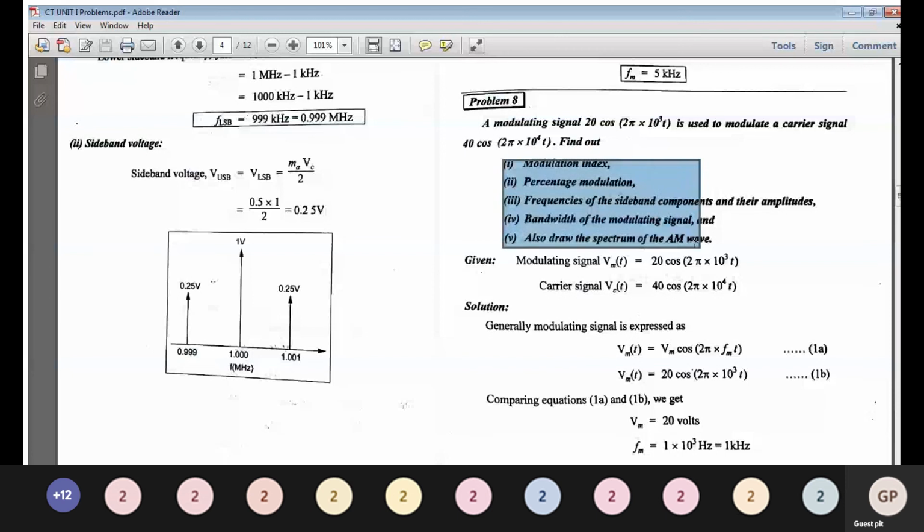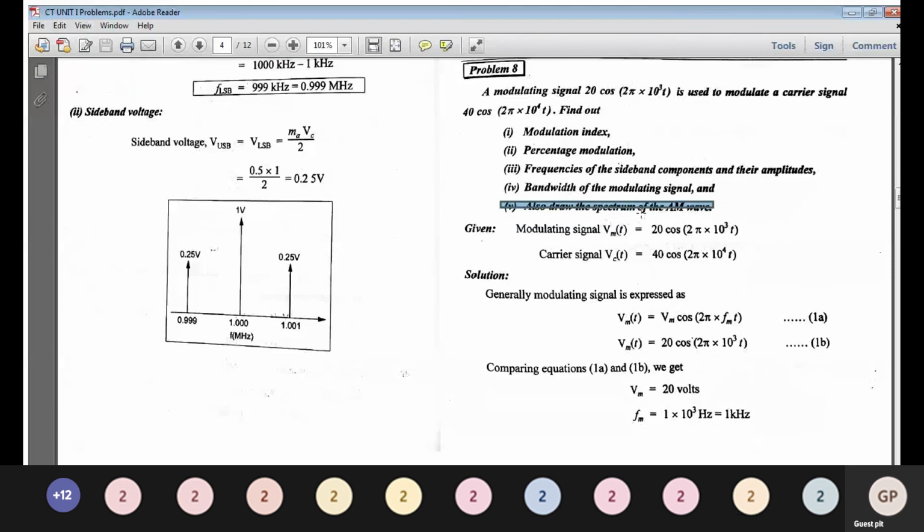The modulating signal equation is provided, and the carrier signal equation is also provided. From these two equations, we have to calculate the modulation index value, percentage modulation, frequencies of the sideband components and sideband amplitudes, bandwidth of the modulating signal, and the spectrum diagram.